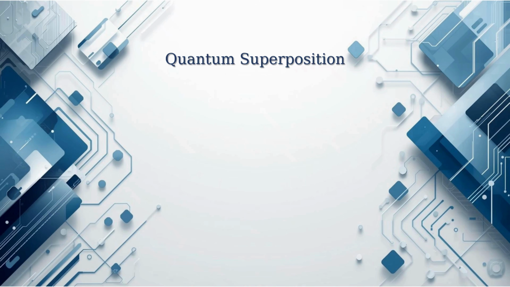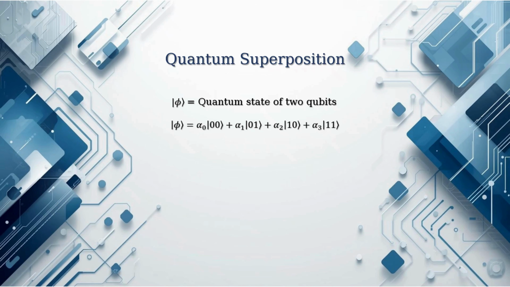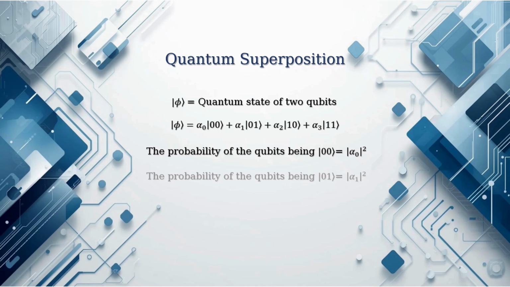Similarly, if there are two qubits, they can be in a state of superposition that can be described as follows. Please note that in this case, the probability of the qubits being in state gate 00 is mod alpha 0 square.